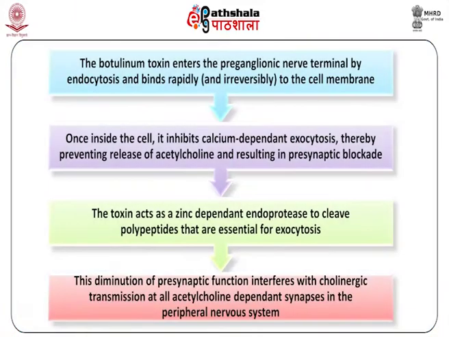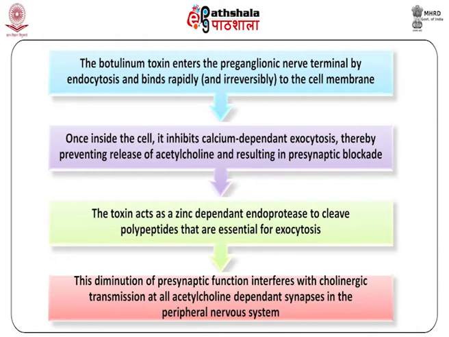The botulinum toxin enters the preganglionic nerve terminal by endocytosis and binds rapidly and irreversibly to the cell membrane. Once inside the cell, it inhibits the calcium dependent exocytosis, thereby preventing release of acetylcholine and resulting in the presynaptic blockade.